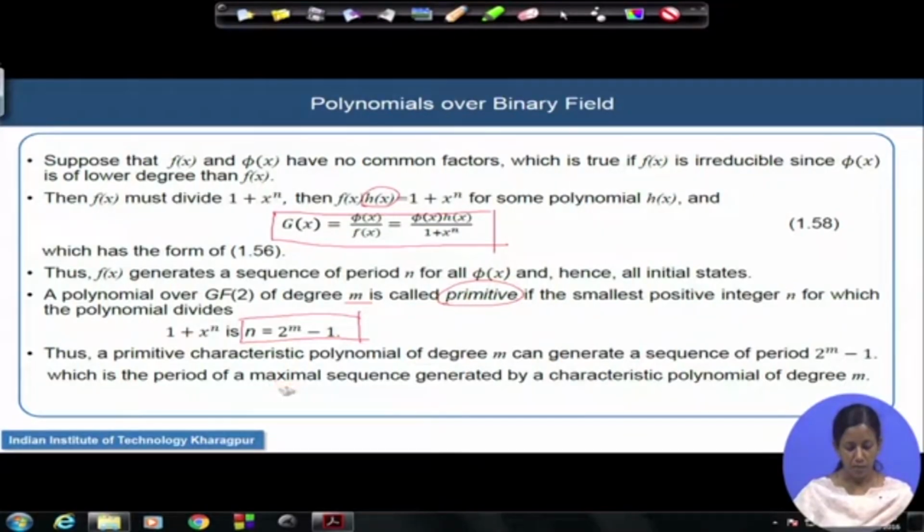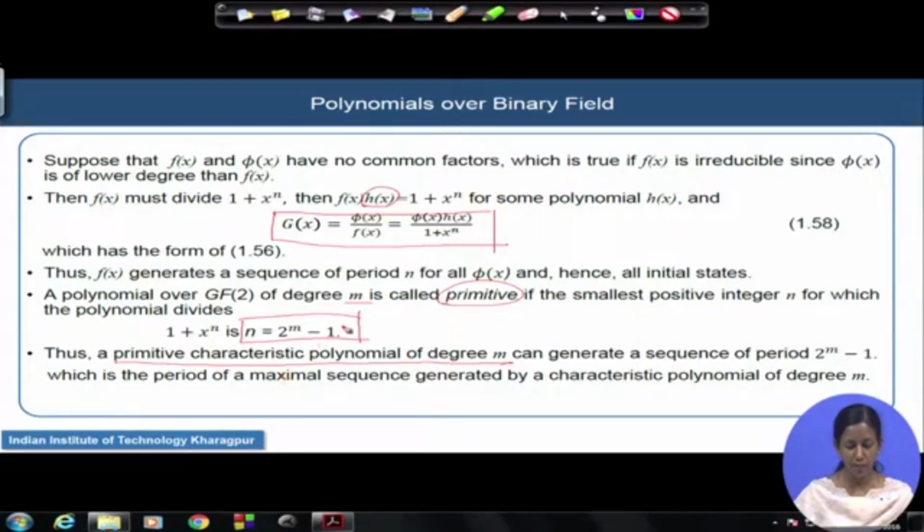Now, remember one thing: a primitive characteristic polynomial is not a primitive polynomial only, it is a primitive characteristic polynomial also, because this is a characteristic polynomial which divides 1 plus x to the power n. So, this primitive characteristic polynomial of degree m can generate a sequence having a period of small n, or equivalently a period of 2 to the power m minus 1.